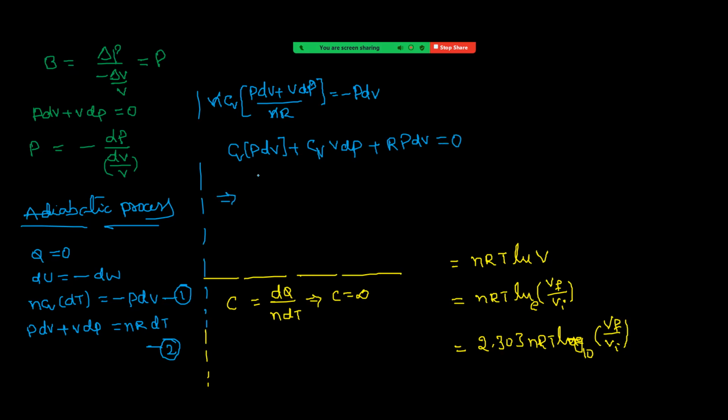In this I can take P dV common. So P dV into (Cv plus R) plus Cv into V dP equal to 0. Now we know that Cv plus R is equal to Cp, so Cp into P dV is equal to minus Cv into V dP.